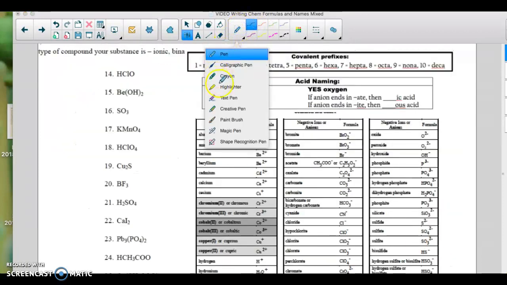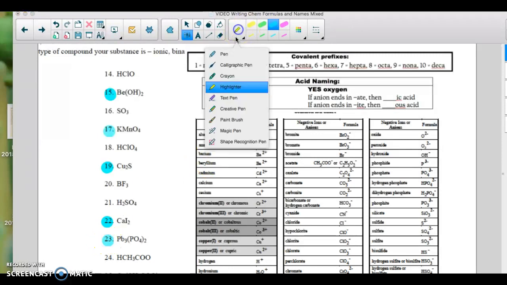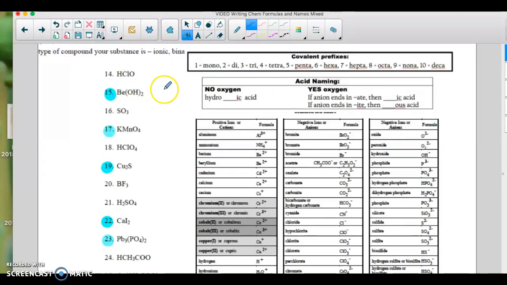So again, I'm going to grab my highlighter and I'm picking just ionics. So metal, nonmetal, or a poly. Not starting with hydrogen because we're not doing acids. So let's try these. Be is beryllium. It's in group 2.